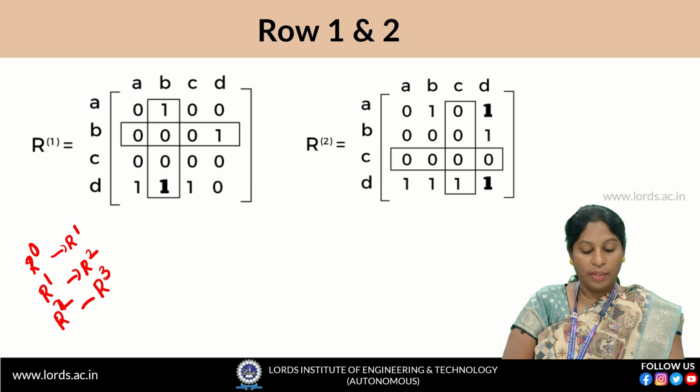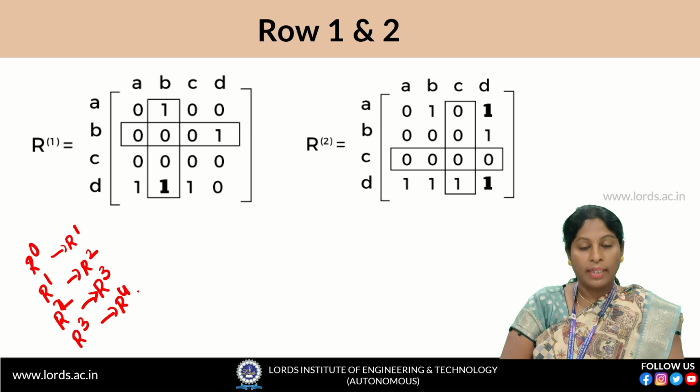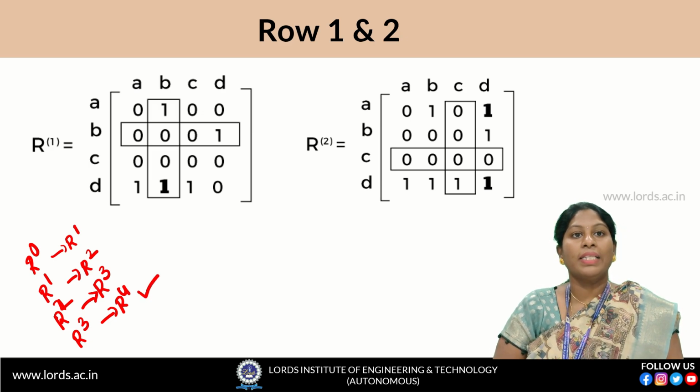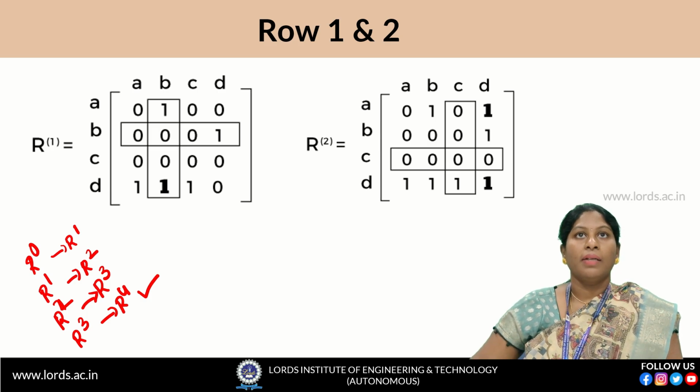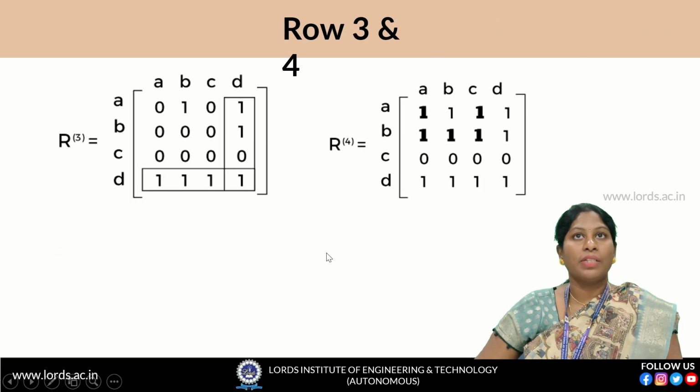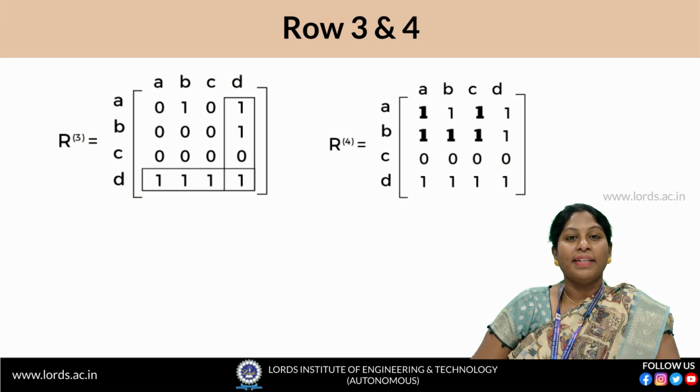R2 to R3 is a transitive closure. From R3 to R4. So R4 is nothing but our final transitive closure of Warshall's algorithm, where you have found the transitive closure for all pairs. This is our final adjacency matrix of the given graph using Warshall's algorithm. So we can say it is the transitive closure of Warshall's algorithm.